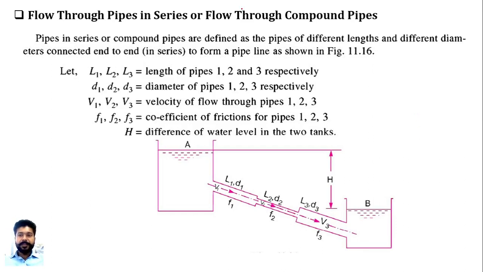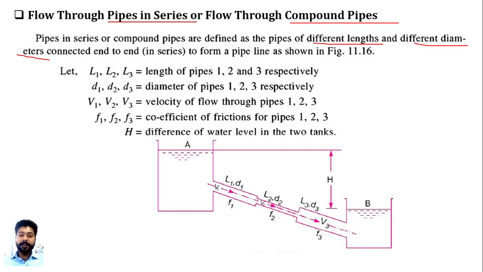First of all, the topic is flow through pipes when the pipes are in series, also called flow through compound pipes. Whenever different pipes are connected in series, it is defined as pipes of different length and different diameter, as you can see in this figure, where pipe 1 has a length of L1 and a diameter of D1.